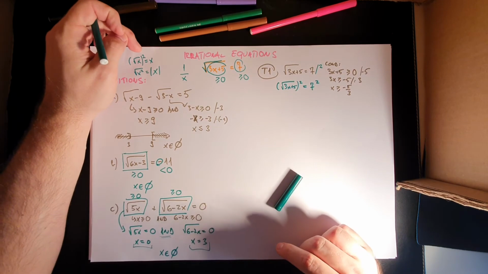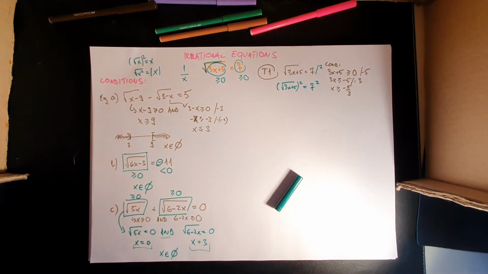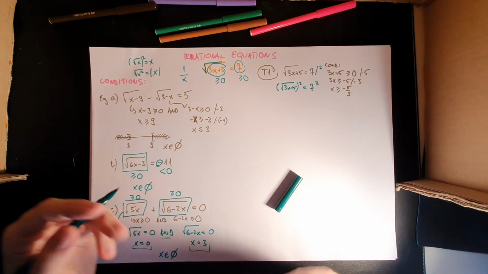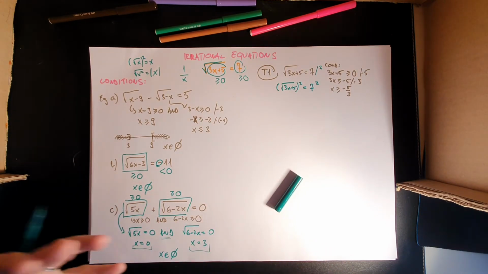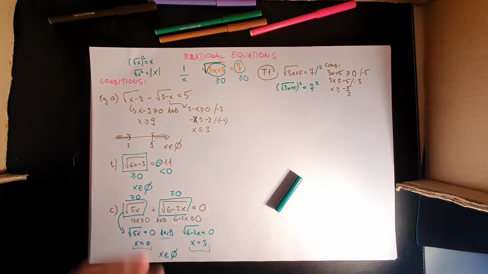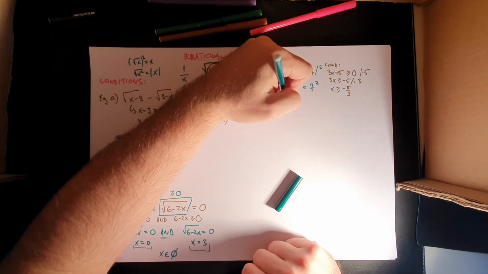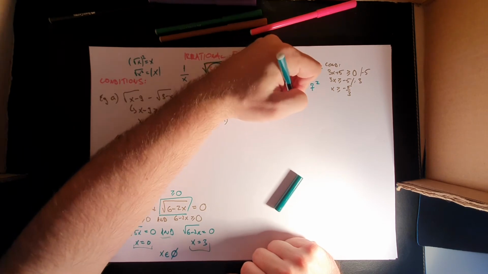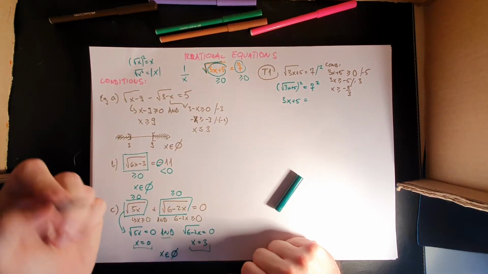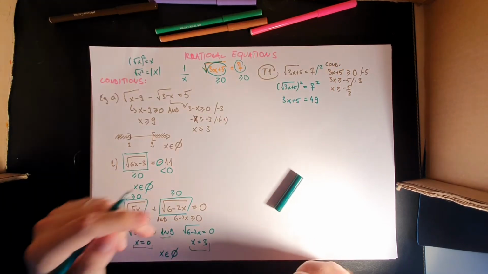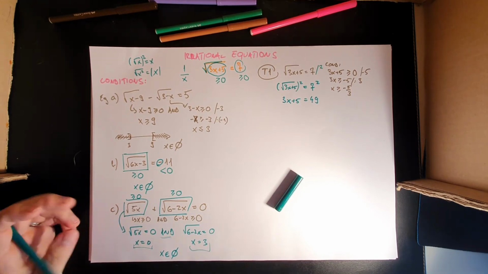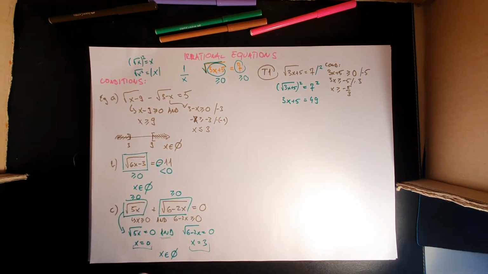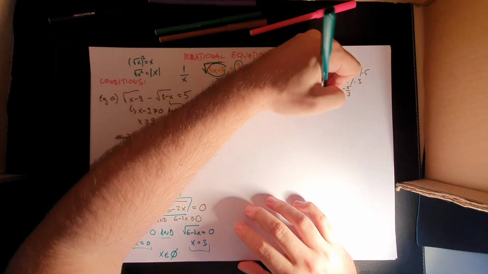So if the square is outside of the root, or we squared the root, in that case we can say that the root and the square are going to cancel each other out, and what's inside is left. As the next step, 3x plus 5 is on the left side, and the right side is going to be 49. What we got is a linear equation, something that we thoroughly did last year, so let's solve it to the end.